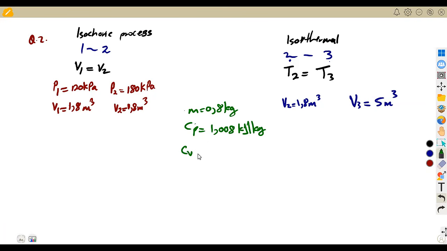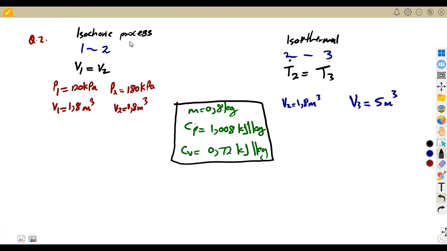Then we also have Cv, at constant volume, which was 0.72 kilojoule per kg per kelvin. This information is going to be related to both conditions, whether we are in the isochoric process or the isothermal process.